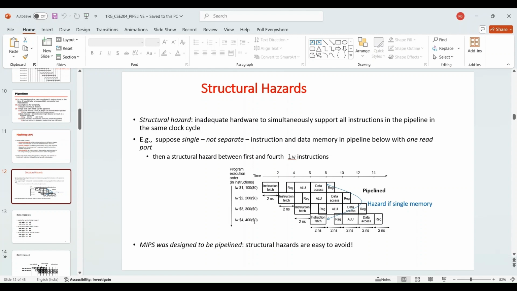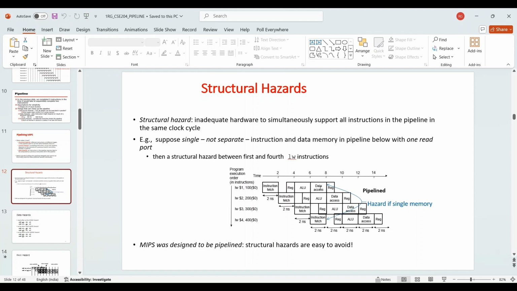Now let's look at the fourth instruction, that is also a load instruction, $4 comma 400 comma $0. Here instruction fetch is happening between 6 to 8 nanoseconds, where for the first instruction data access was happening.